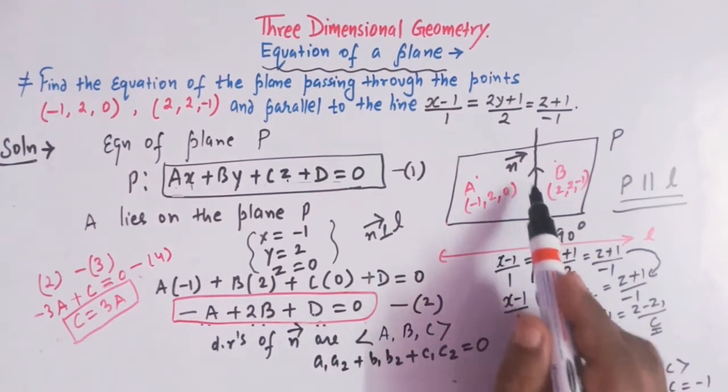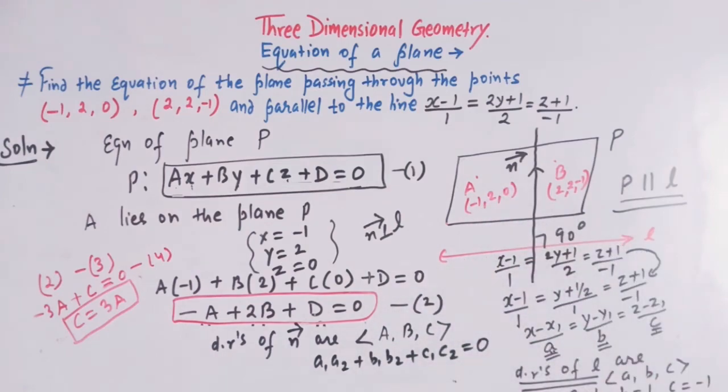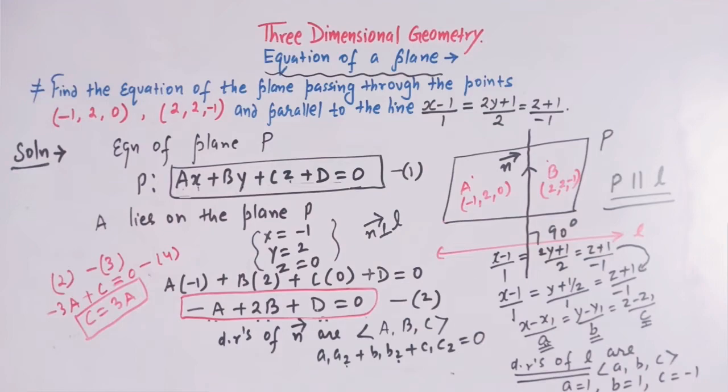So when two vectors are perpendicular, then a1 a2 plus b1 b2 plus c1 c2 is equal to 0, where a1 b1 c1 are the direction ratios of the first vector and a2 b2 c2 are the direction ratios of the second vector.